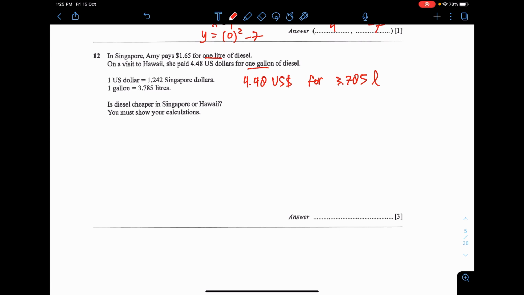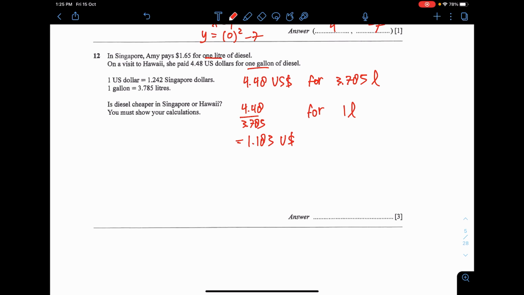Now I want to know for 1 liter how much money she needs to pay. That will be 4.48 over 3.785, which is 1.183 US dollars.